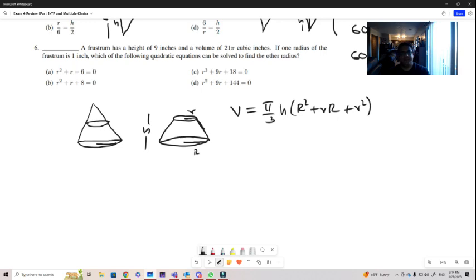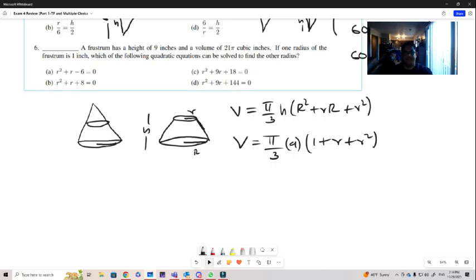So this is like a situation that is given here with the different radii. Now let's assume that we have information about the big radius, and the big radius is 1. So we're gonna say, well, this is pi over 3. Oh, and I have that the height is 9 inches, so I can replace that here. And replacing big R by 1, this is 1 plus r plus r squared. And so I have that information about the frustum.